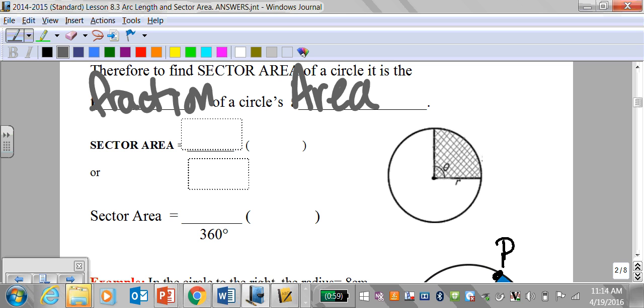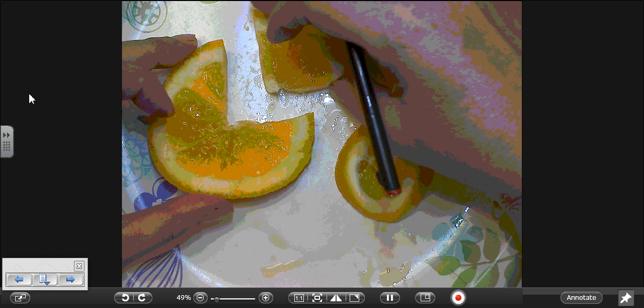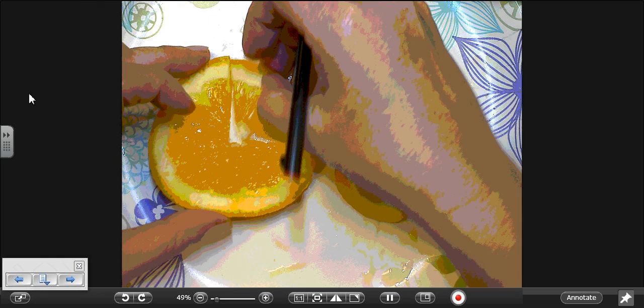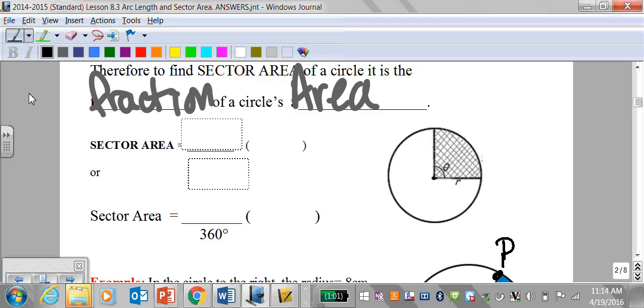Stay right with me. Now, a fraction, let me just break this down. A fraction is just a part of a whole. Part, whole. Say part, whole. Good. So we say the fraction, draw a little arrow. The fraction is the part of something over the whole of something.